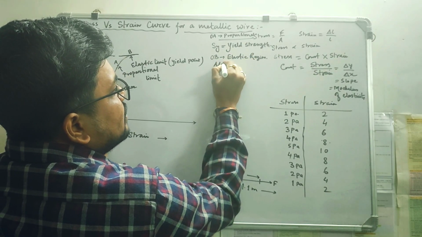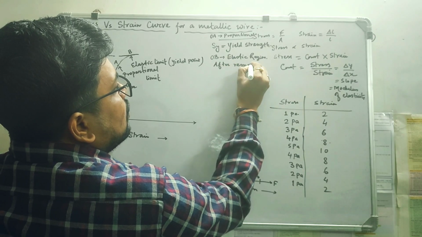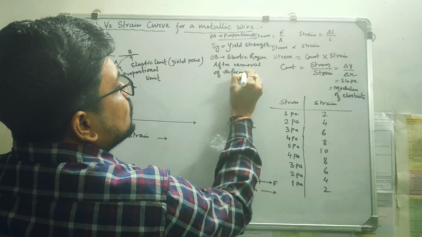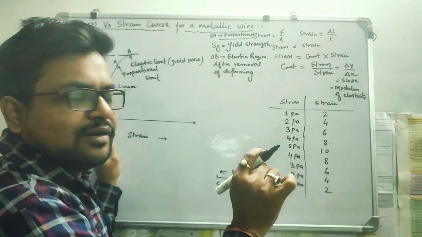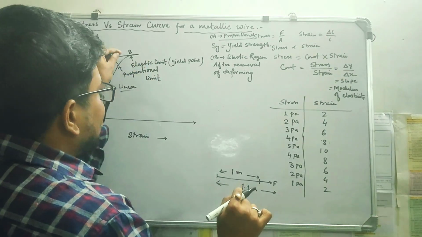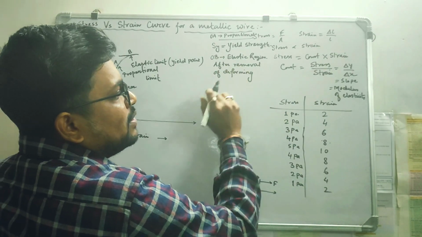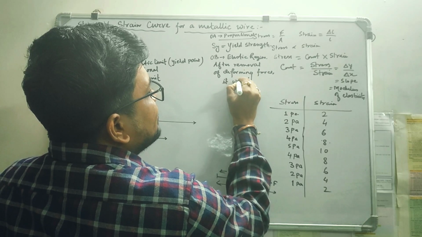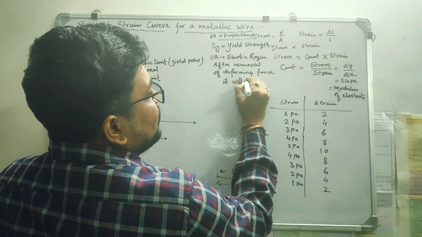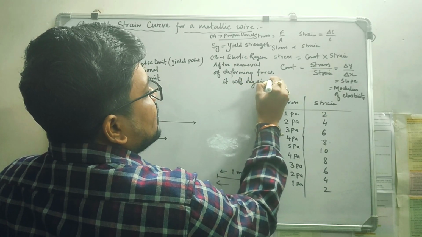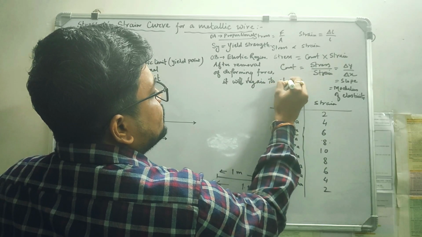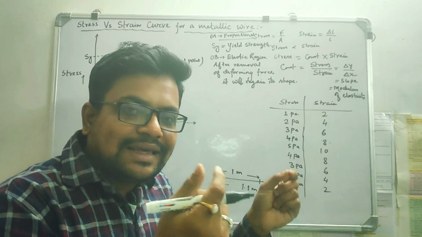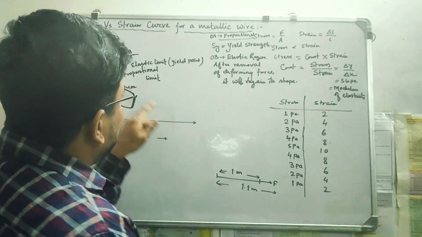That means after removal of the deforming force, between any point of O and B, कोई भी एक पॉइंट में if you remove the deforming force, it will regain its shape again, up to point B.